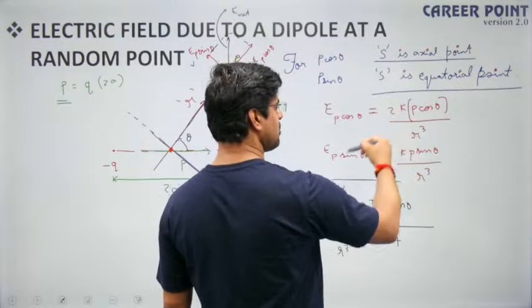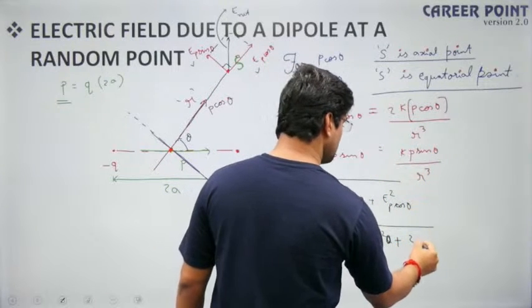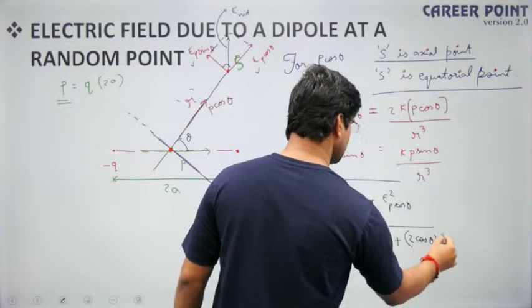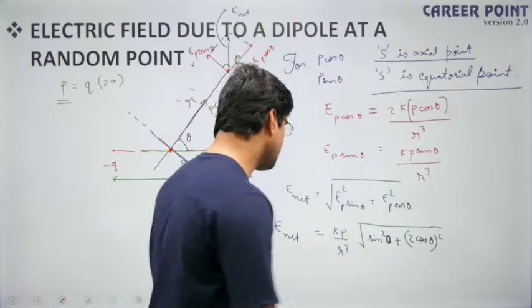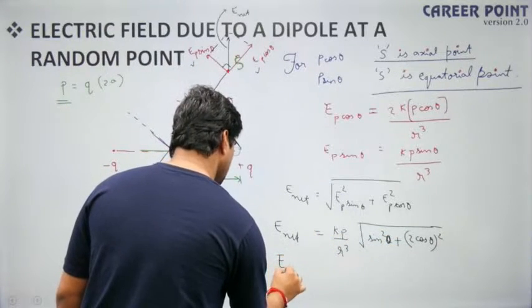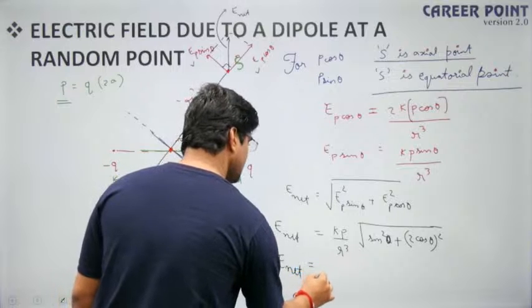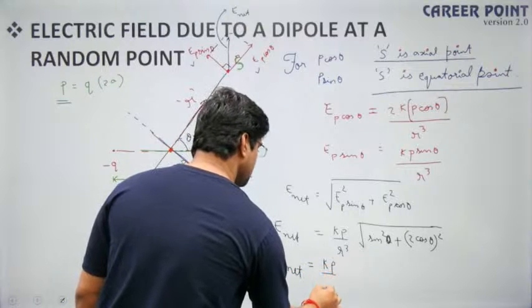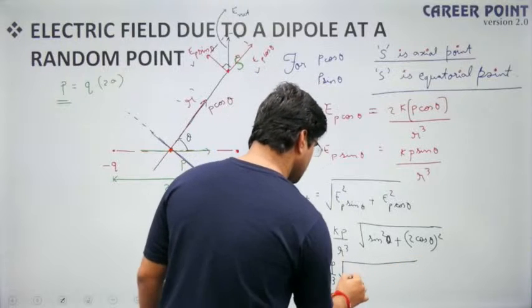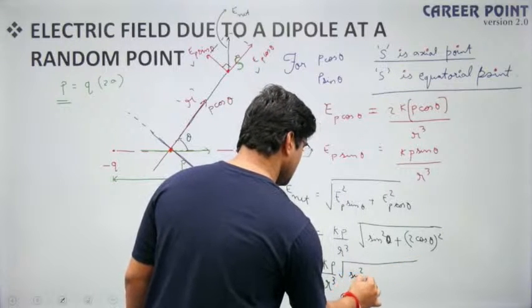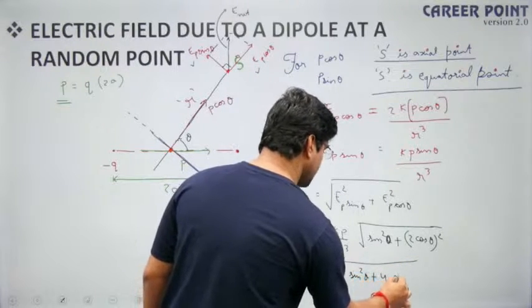In this, kp by r cube I am taking outside, leaving 2 cos theta whole square. So in this case what we can say, E net is equal to kp by r cube under root sin square theta plus 4 cos square theta.